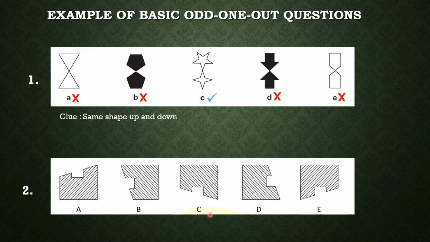Option C looks a bit odd because the left hand side is at the higher end and the right hand side is at the lower end. Option D is also a rotated image of A and B, and option E is also a rotated image of options A, B and D. So the clue here is the rotated image with the same side of inclination, and the odd one out is option C.